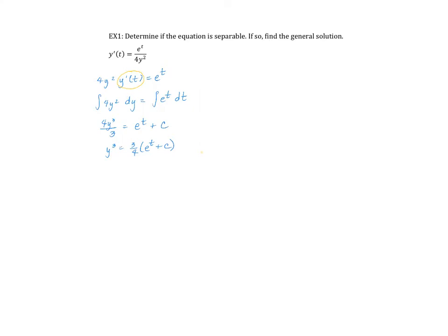And then all I have to do is cube root both sides to get y equal to the cube root of 3/4 e to the t plus c. So y is equal to the cube root of 3/4 e to the t plus c. Now this is what we call our general solution.